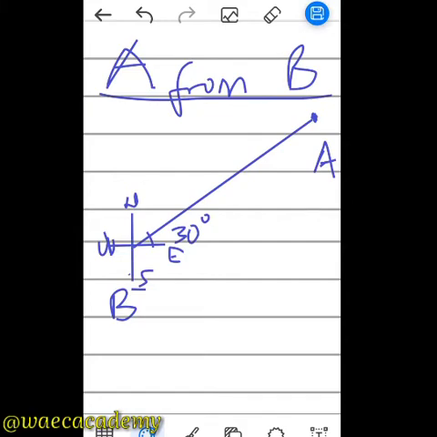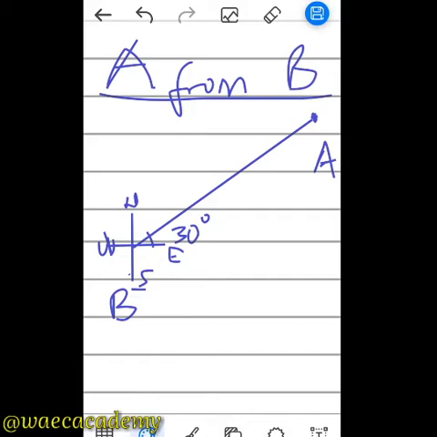Get it? Okay. Now, if this A is close to south, it is now going to be the angle between A and south. Again, don't ever forget this. It is never the angle between A and east or between A and west. I mentioned it in the first video. Always remember that.